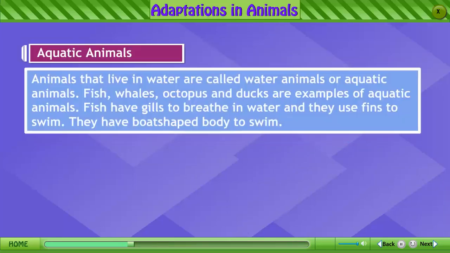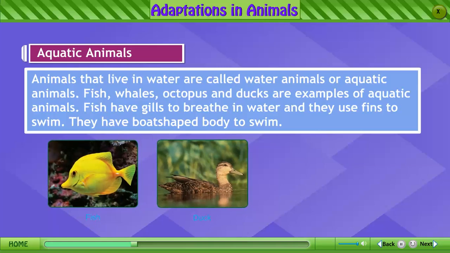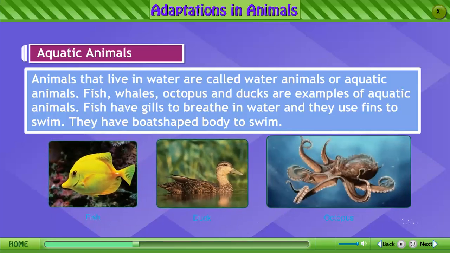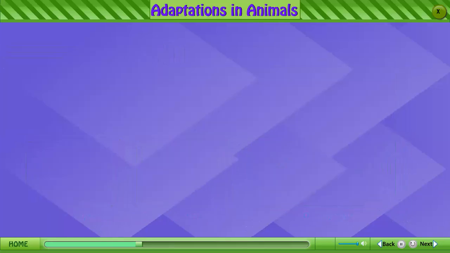Aquatic animals. Animals that live in water are called water animals or aquatic animals. Fish, whales, octopus, and ducks are examples of aquatic animals. Fish have gills to breathe in water and they use fins to swim. They have a boat-shaped body to swim.